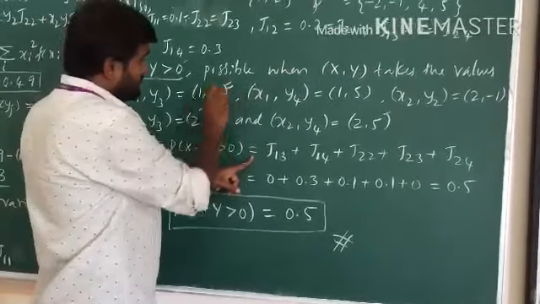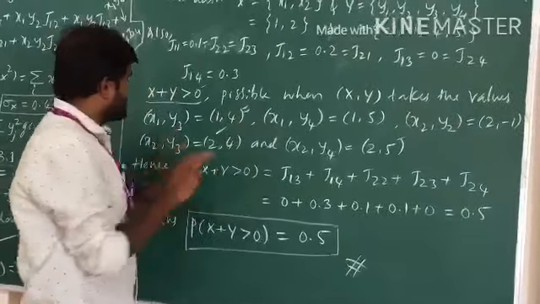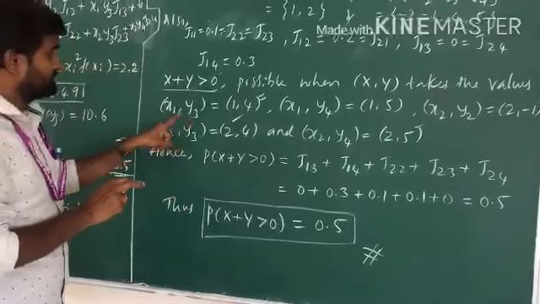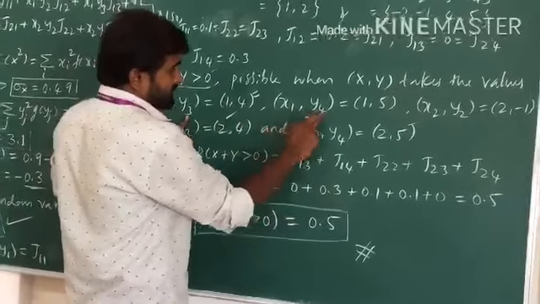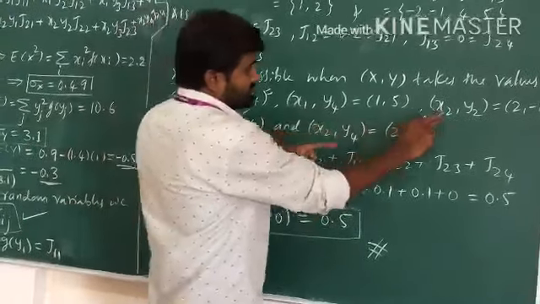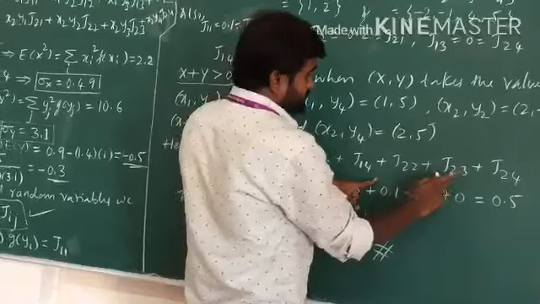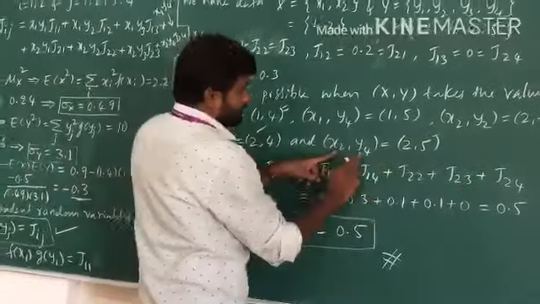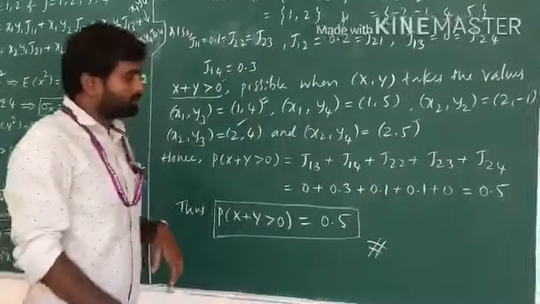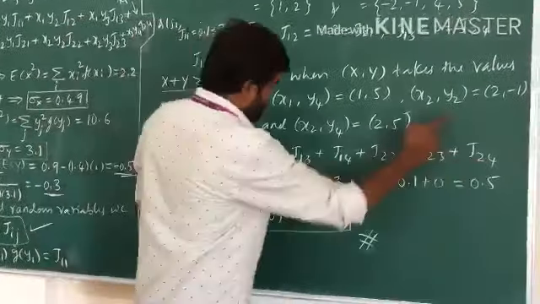Hence, probability of x plus y greater than 0 is J13 plus J14 plus J22 plus J23 plus J24. We have all the values.